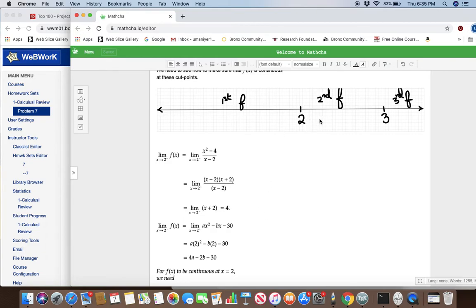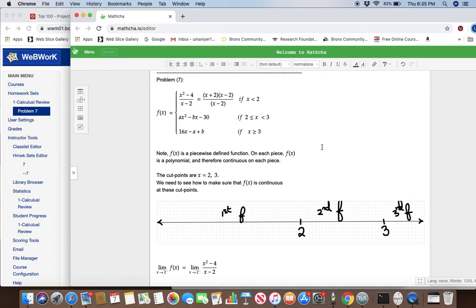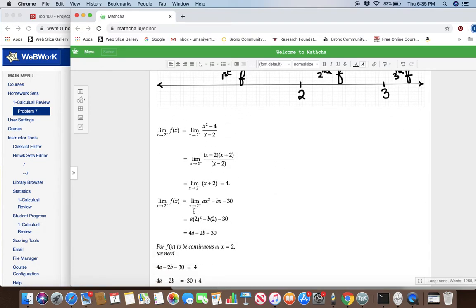Whereas when I'm coming from the right, the second expression takes over. I want the limit as x approaches 2 of this expression. There are no denominators, nothing to worry about, so I plug in 2. I get 4a minus 2b minus 30.